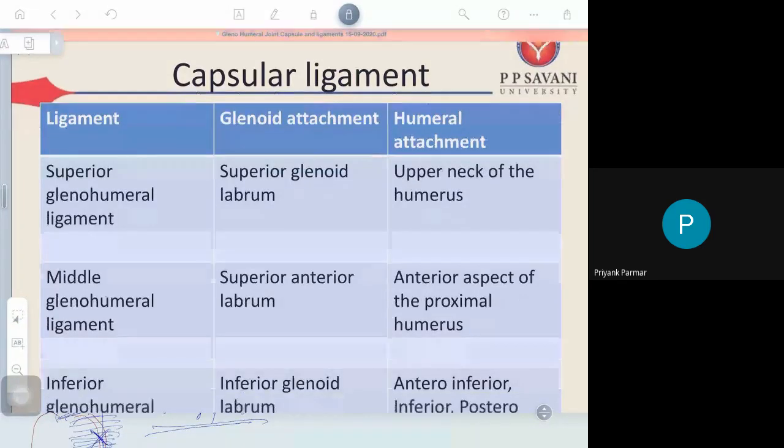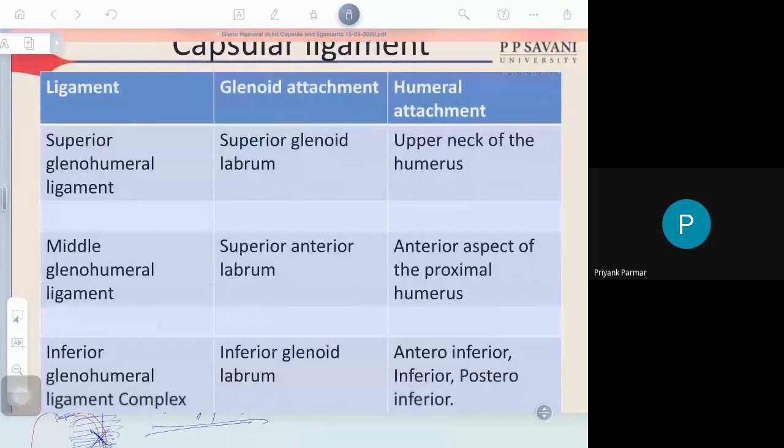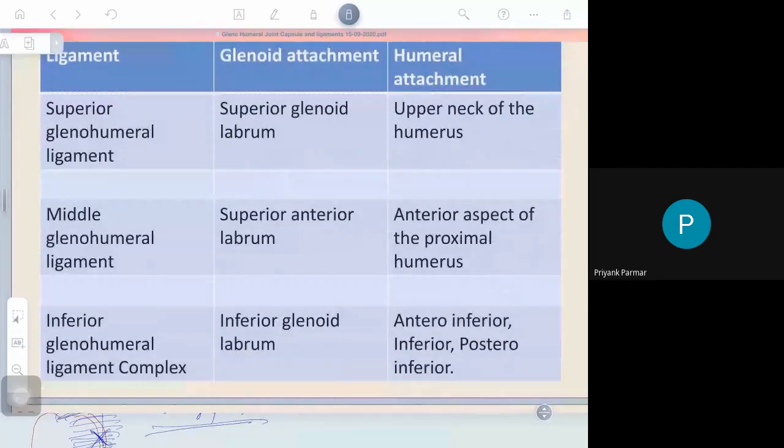There are three capsular ligaments: superior, middle, and inferior. The inferior is otherwise called the inferior glenohumeral ligament complex, IGHLC. In some books it is given in short form, IGHLC.